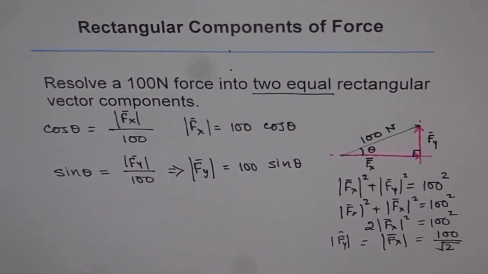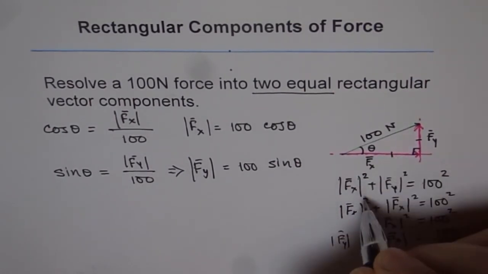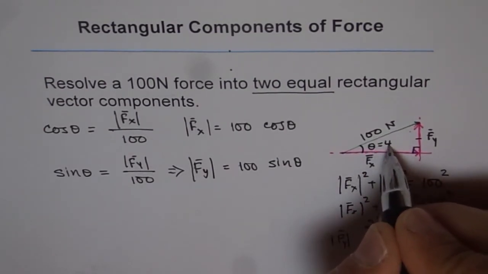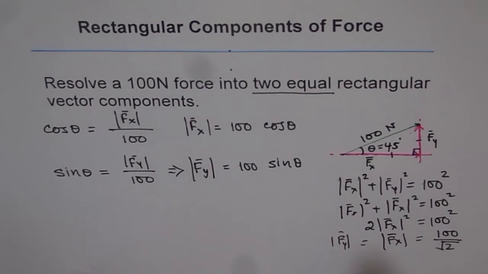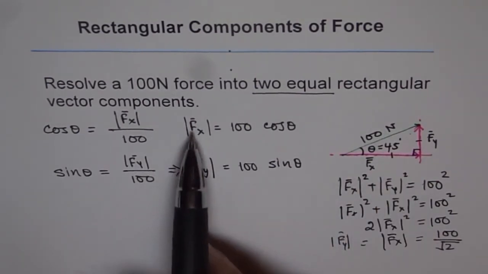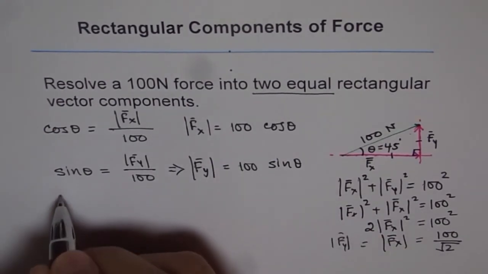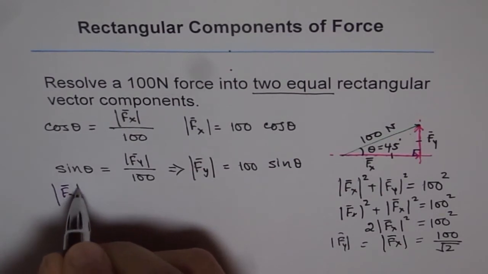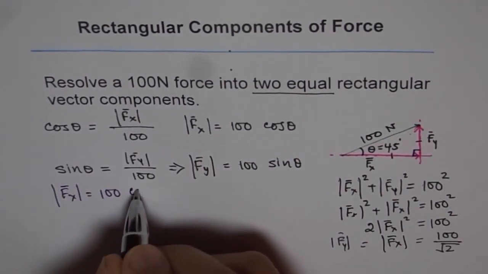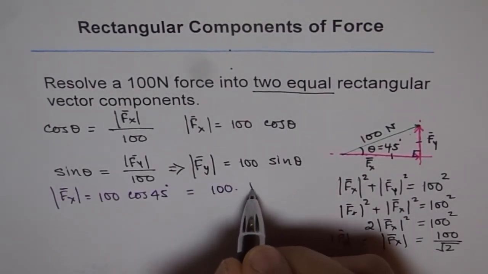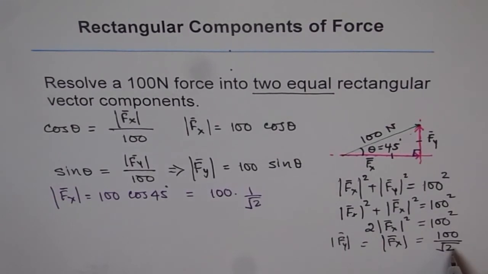Okay? Both are the same. Now if you are doing the trigonometric approach, and if I say that these sides are equal, in that case these angles should be equal, right? So in that case theta should be equal to 45 degrees. Now if theta is 45 degrees, then we can find both the components. So what do we get? We get Fx, the horizontal component, is equal to 100 times cos of 45 degrees, which is equal to 100 times 1 over square root 2, which is the same as we got with the Pythagorean theorem, right?